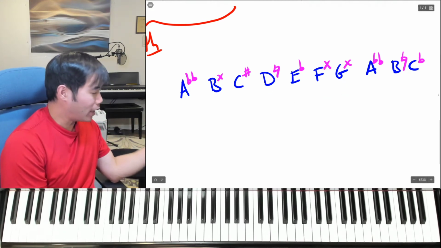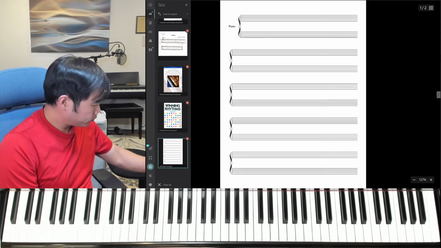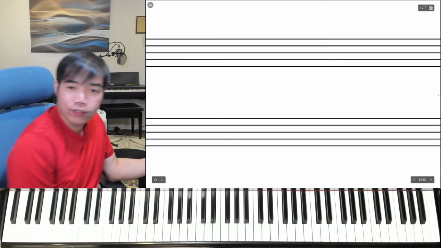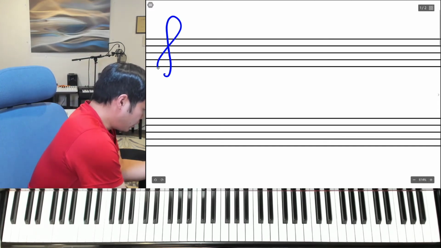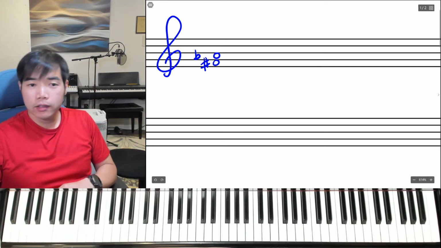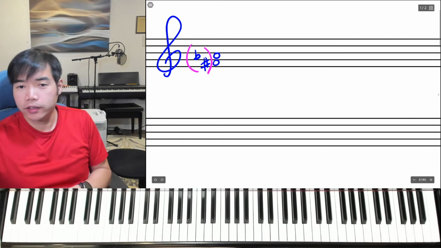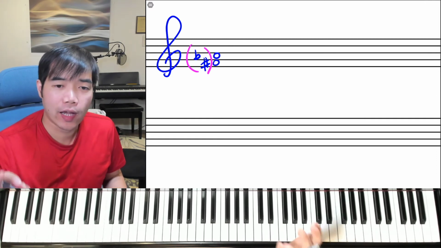So now let's do some practice here. I'm going to pull up some staff paper here. And the clef doesn't matter here. But I'm going to draw a clef anyways, even though it doesn't matter. And let's say we have the note F sharp to A flat. You can ignore the accidentals. We don't care about the accidentals when determining the intervallic number.